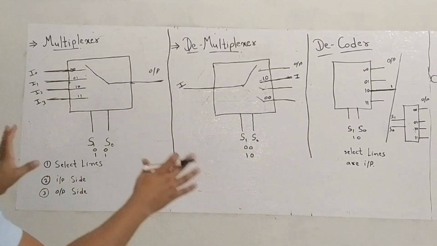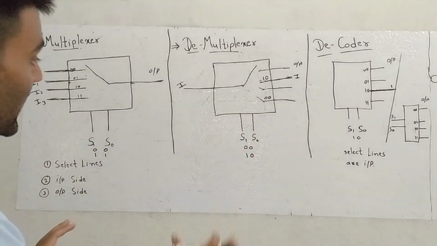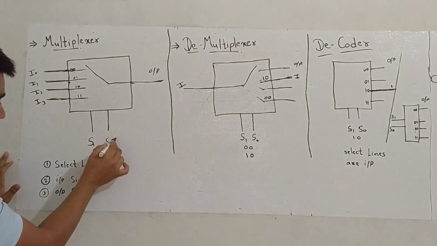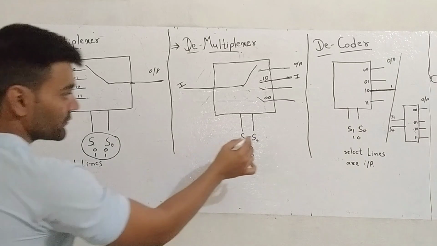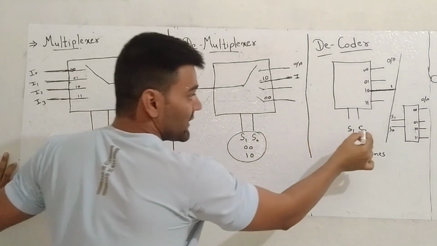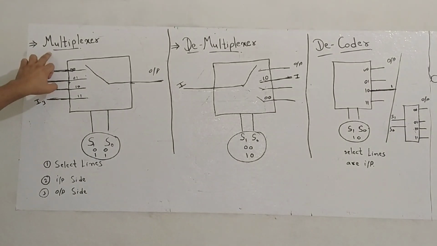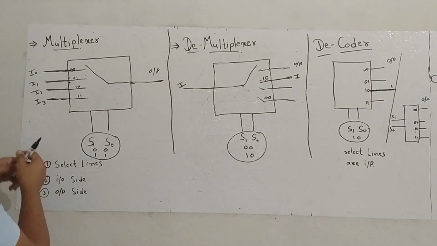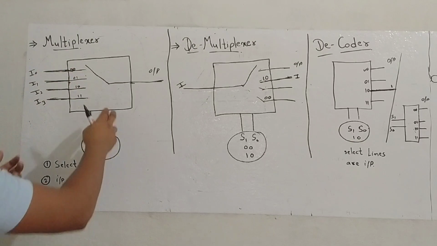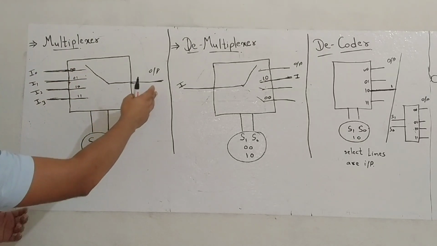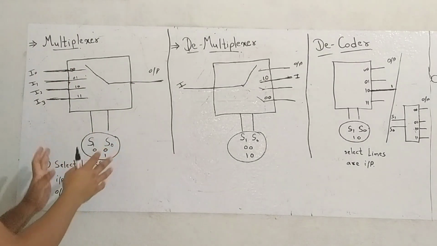Okay, so here we can see all these three diagrams. Select lines are everywhere. In the multiplexer we can remember it as multiple inputs and single output according to the select lines.